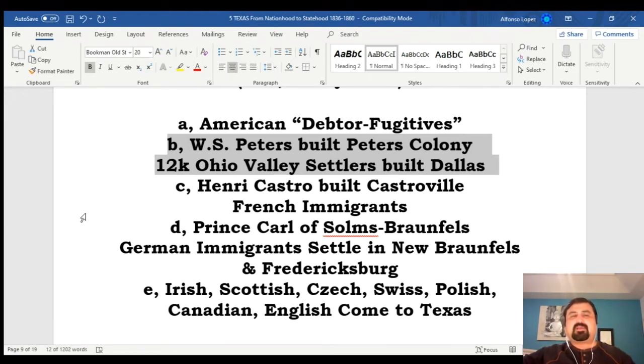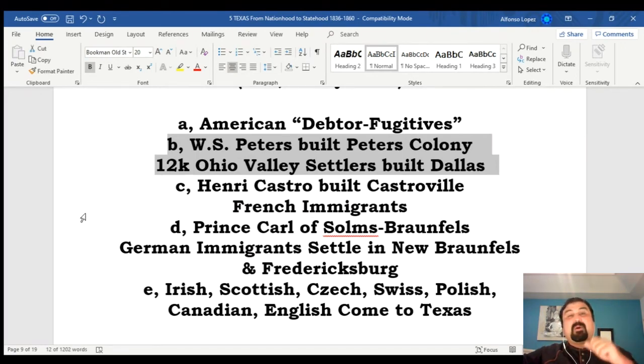So again, what this led to is an increasing number of Americans coming through those empresario contracts. For example, W.S. Peters received a contract from Houston's administration to bring American colonists into Texas to build a colony. It was called the Peters Colony.